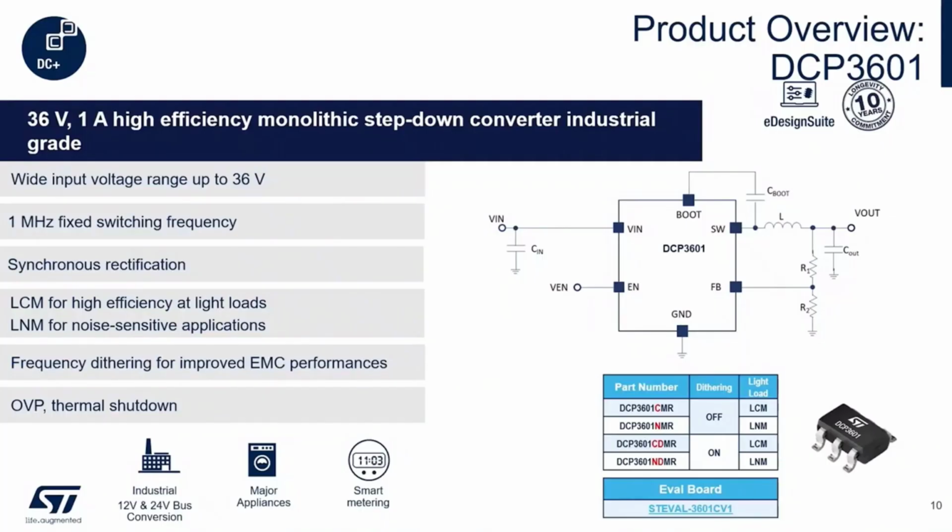You can see there's no external diode. It has a fixed 1 megahertz switching frequency, and it comes in two versions: LCM, which is low consumption mode, and NMM, which is low noise mode. So basically, it is a PFM for high efficiency at light loads, and PWM for more predictable ripple for noise-sensitive applications.